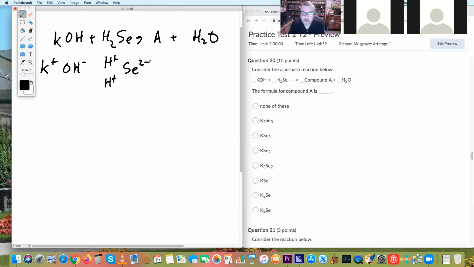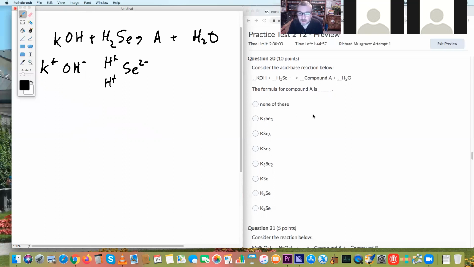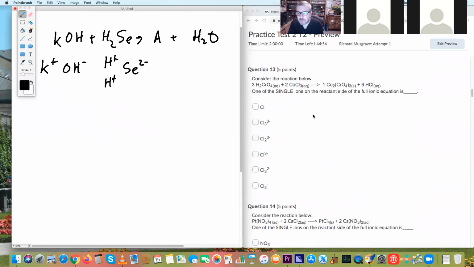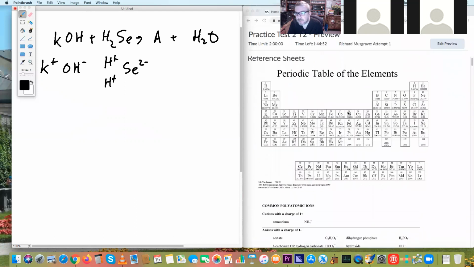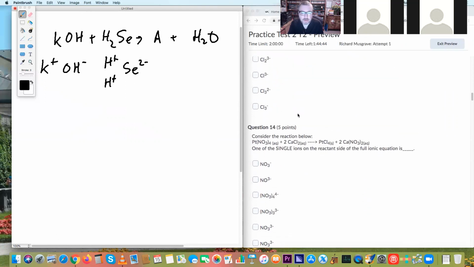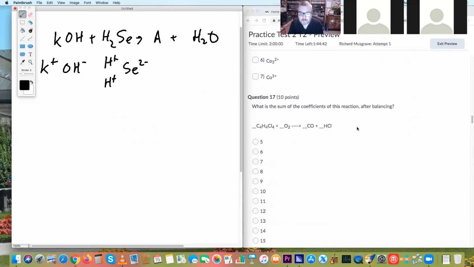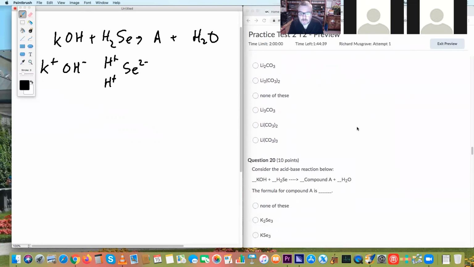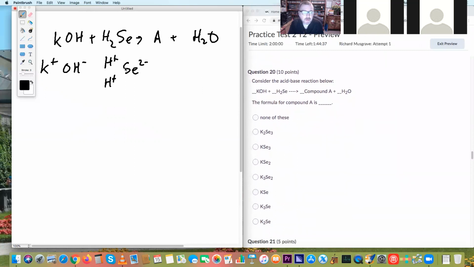Now I know that the charge on Se is 2 minus for 2 reasons. First of all, Se is in the oxygen group, so that's all -2 on down that way. The other thing we know is that we've got two H's, they're both plus, which means that has to be -2. So we know that the H plus and the OH minus are going to join together, and that's going to give us the water.